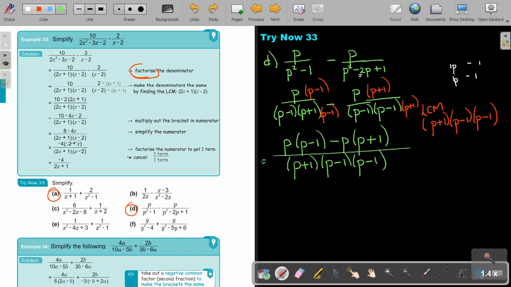And if I simply multiply it out, I will get P squared minus P squared. Be careful for the negative. Negative times a positive is negative P over P plus 1, P minus 1. Sorry, let's just get the pen in order.